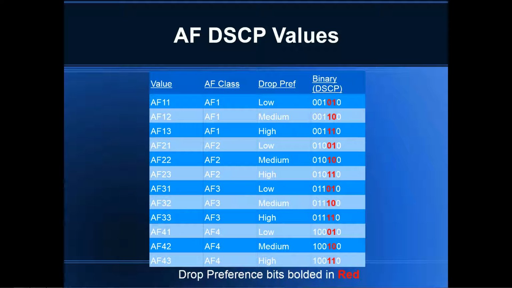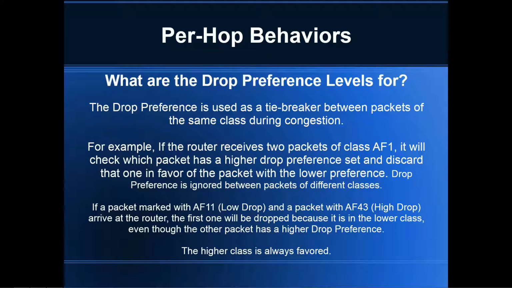Here is another variation of our AF classes, our drop preferences, our binary. All of this again is how are we doing our flow. So what is this drop preference though? Our drop preference is a tiebreaker.